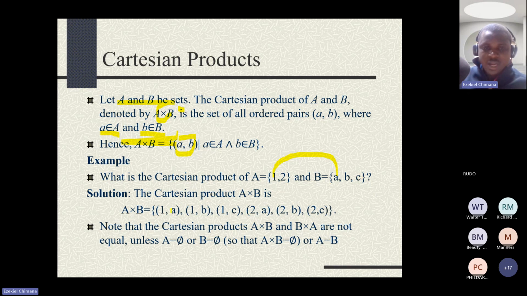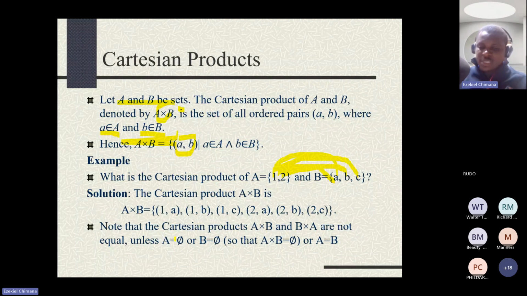So I'm going to have 1a and then 1b and then 1c. After that, you do it for 2: it's 2a and then 2b and then 2c. That's the Cartesian product.